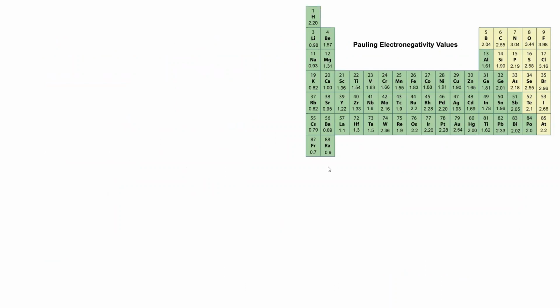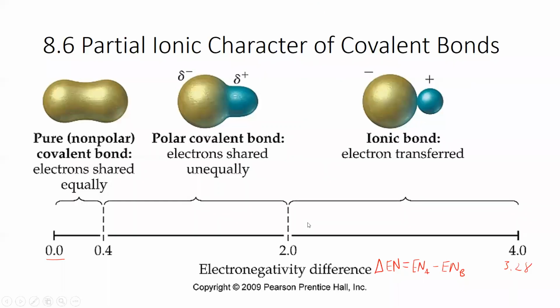You'd come up with 3.98 minus 0.7, so you get 3.28. So that's the spectrum of possible electronegativity differences between bonded atoms.